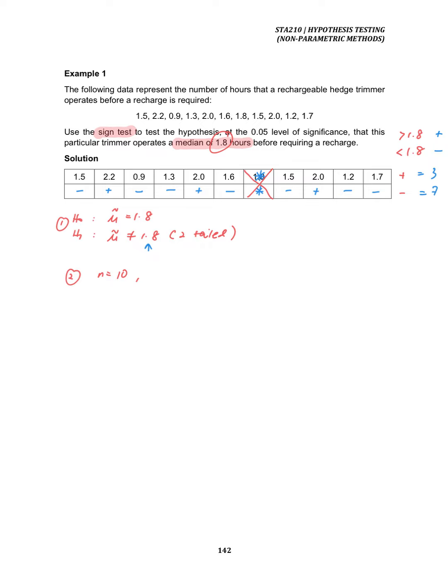Okay, if you look back at the procedure that I have summarized at previous page. Okay, kalau kita punya H1 kita adalah this one, unequal, so kita akan observe positive or negative sign, which yang mana yang lagi small.